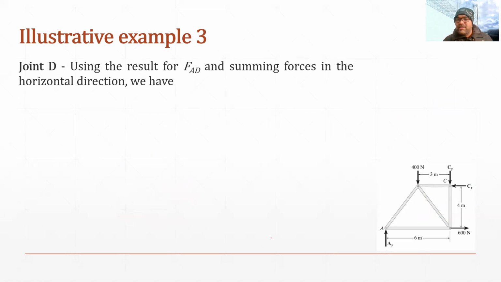Just now we have analyzed the joint A. Now we will analyze joint D. In joint D, we have now found the force in this member, and the unknown members are DC and BD.